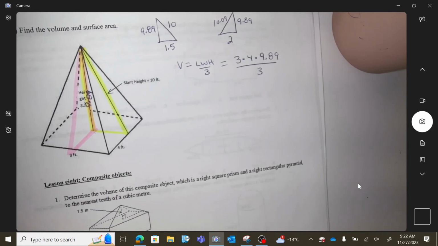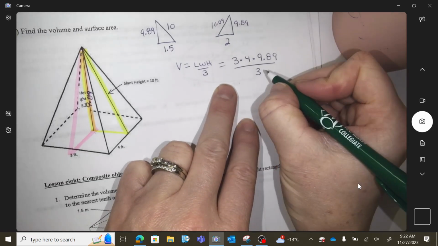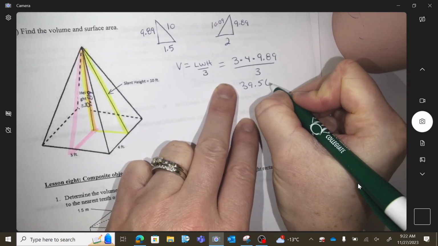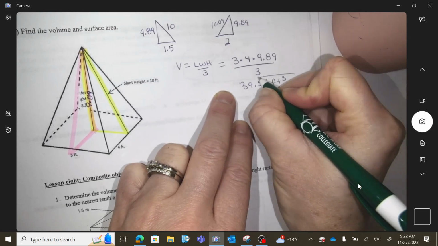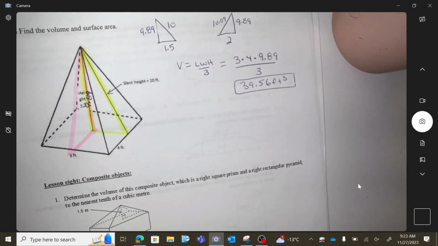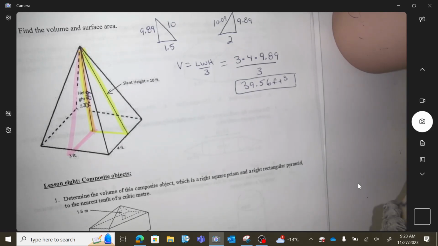The bottom times the height. Okay, that's good.